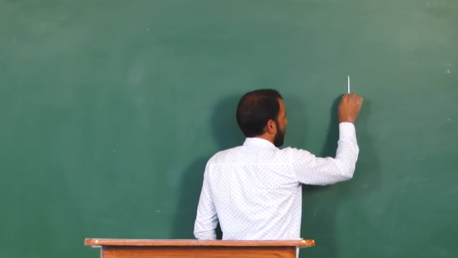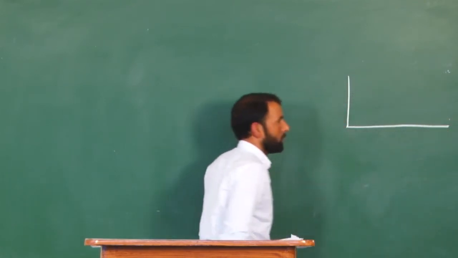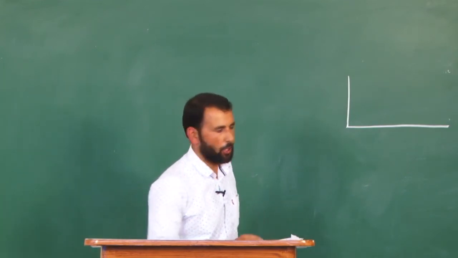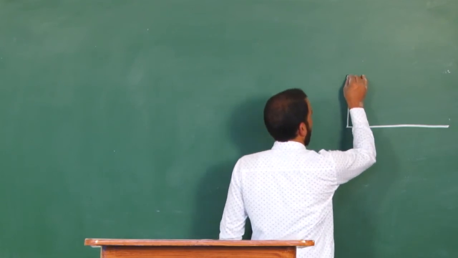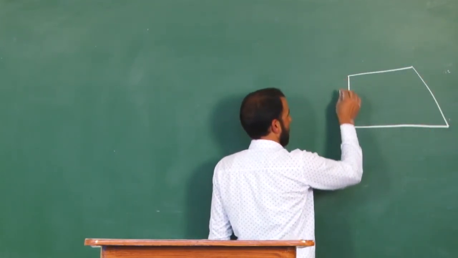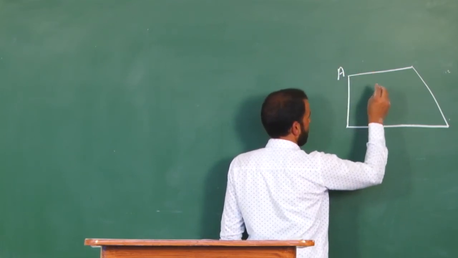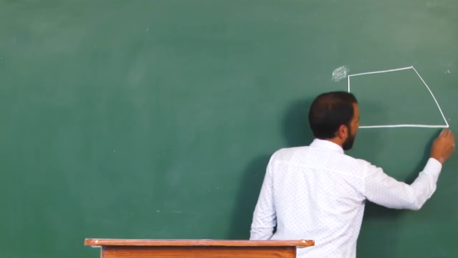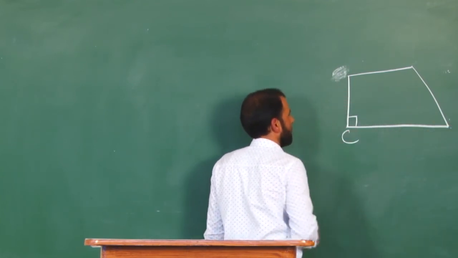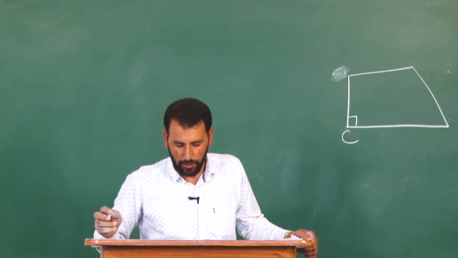We have a quadrilateral in which one angle is equal to 90 degrees. Let this one be A here, B, C, and this is right angled at C. Right angle means the angle C is equal to 90 degrees.